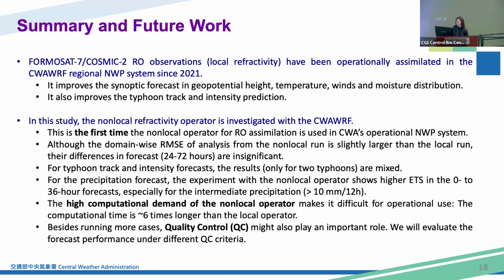And during our experiment, we noticed the computational time is more than 6 times longer than the local operator, which means the higher computational demand of the non-local operator makes it difficult for operational use right now. In the future, besides running more cases, we think quality control might play an important role. So next step, we will evaluate the forecast performance under different QC criteria. And that's all my presentation.